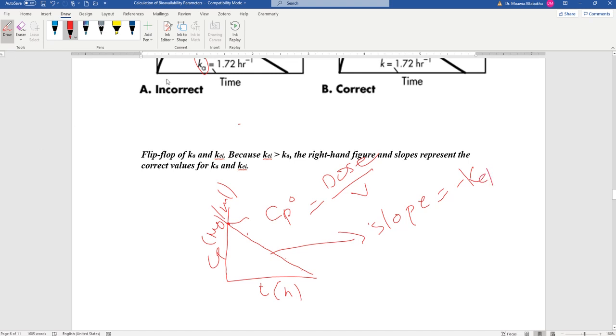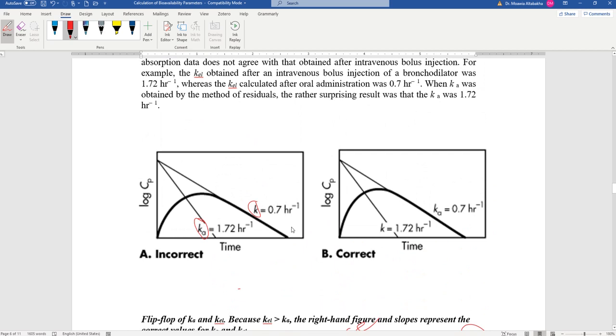So Mustafa is able to get KL from an IV injection, as well as KA from an oral administration and the application of the residual method. Okay, he did that.